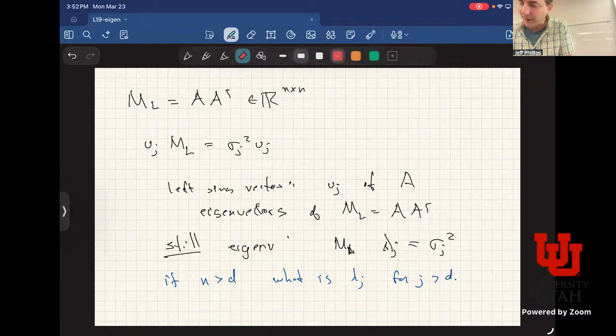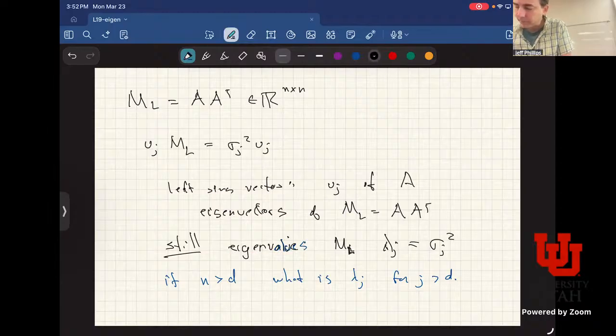This should have been eigenvalues. Okay, so the eigenvalues are defined. I get n eigenvalues. So if n was bigger than d, now let's say d was 10 and n is 20, what is the 15th eigenvalue?